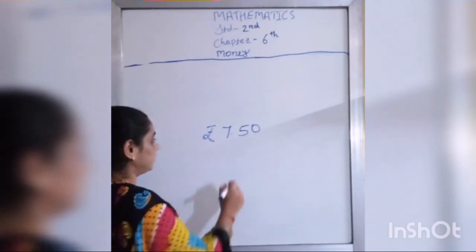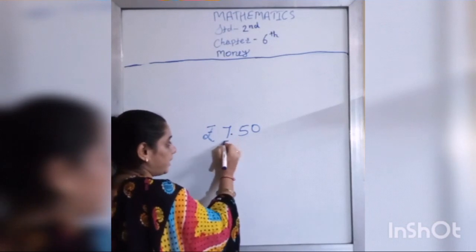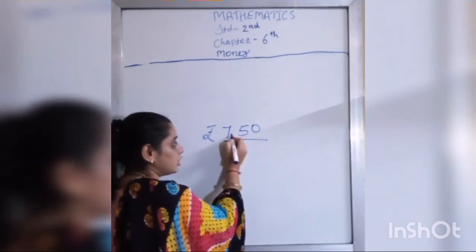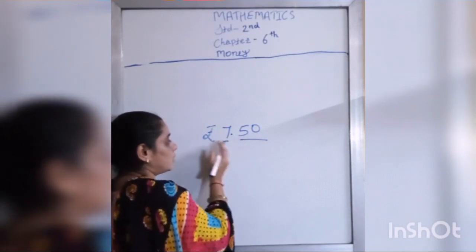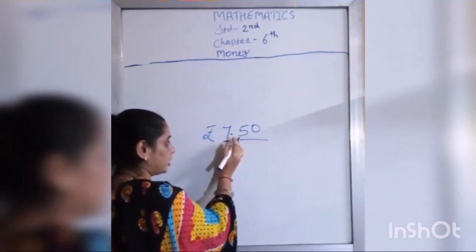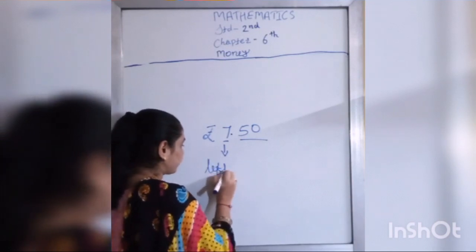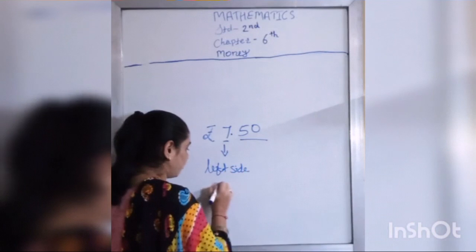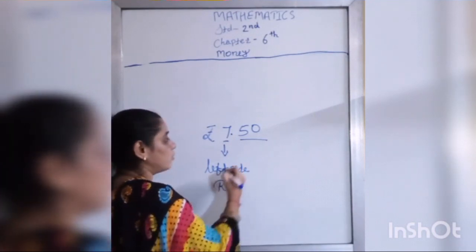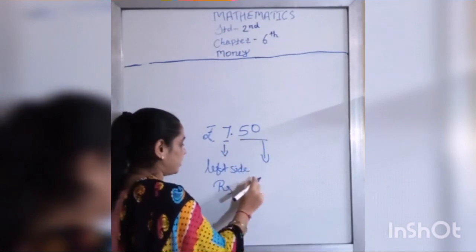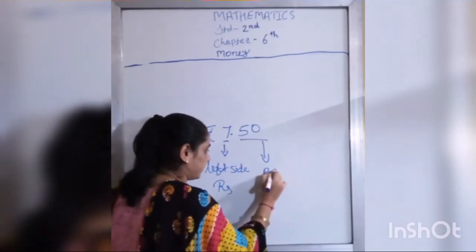Now see here, the rupees and paise are separated by this dot. Towards the left side of the dot, what is written here? Rupees is written, and towards the right side of the dot, what is written here? Paise.